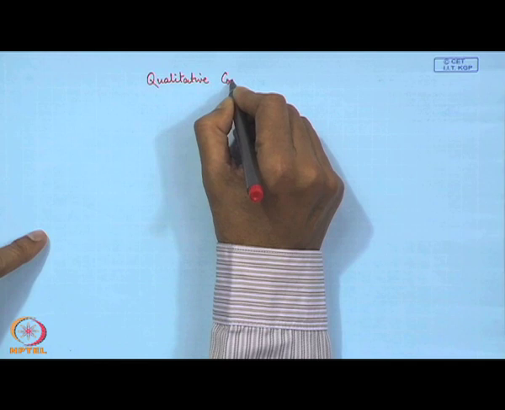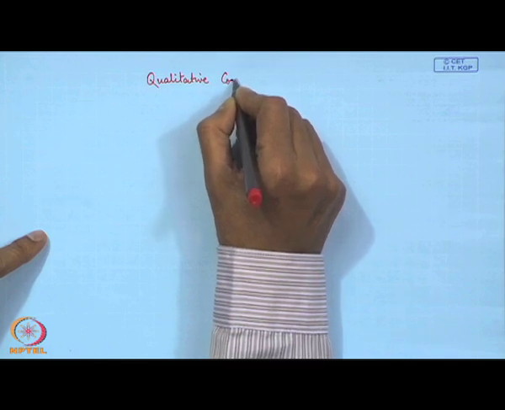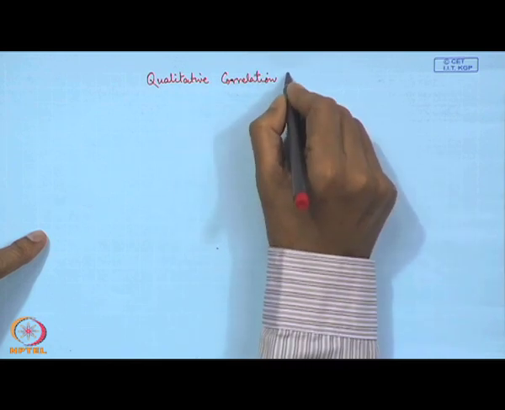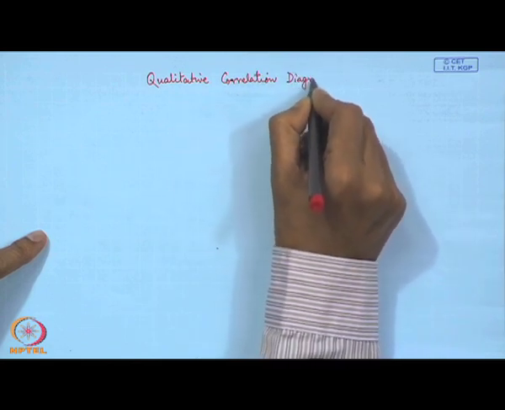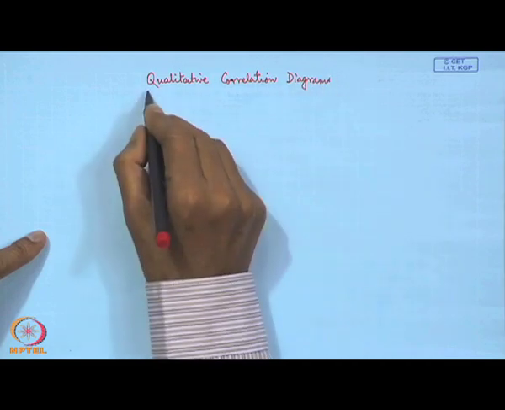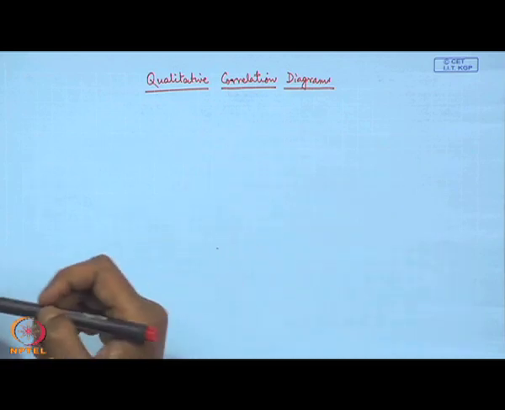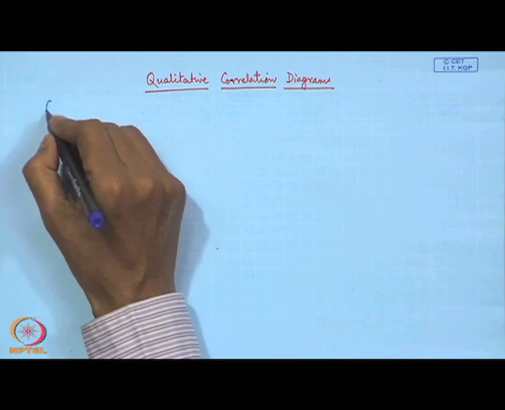So, we will have for these qualitative aspects a qualitative picture. Qualitative correlation diagrams we can draw, and those diagrams we are calling Orgel diagrams.